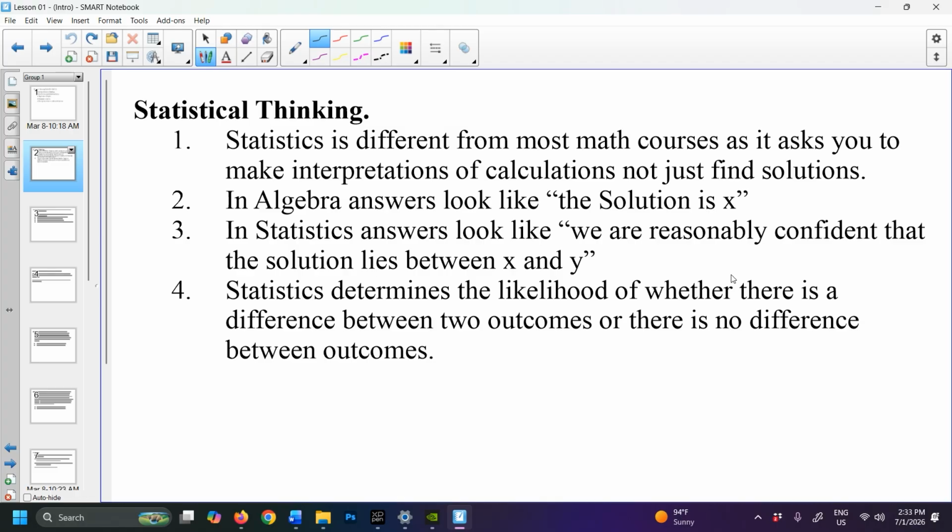Okay, what is statistics and statistical thinking? Now, most of you are probably coming from an Algebra 2 class of some sort, and most of the tasks in an algebra class ask you to solve an algebraic equation or manipulate a formula to come up with a solution.